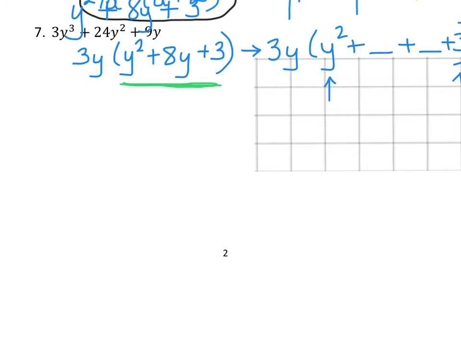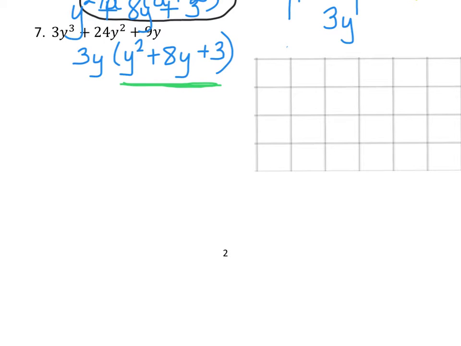And so when I try to factor 3y squared, give myself a little room here. Since I know that my master product here is going to be 3y squared, and it's positive 3y squared, that tells me 2 or 3 things about what goes in those 2 yellow boxes.